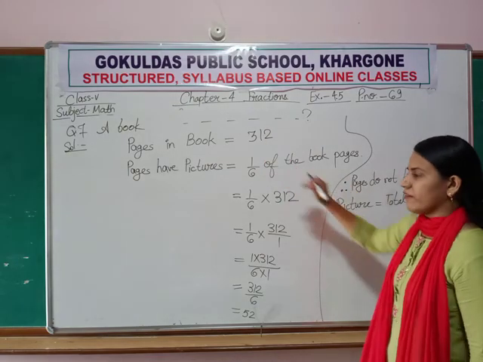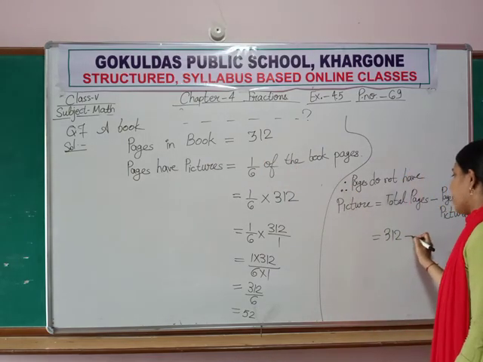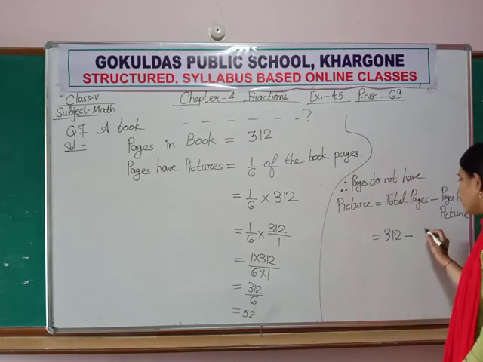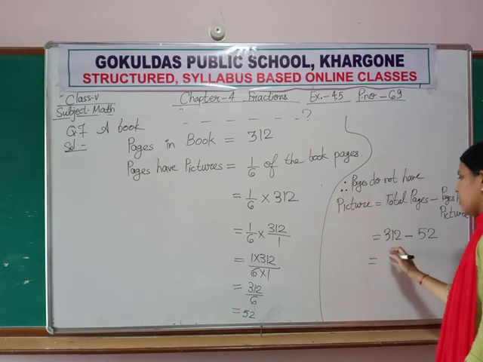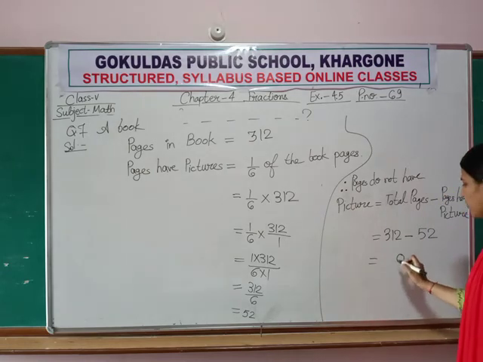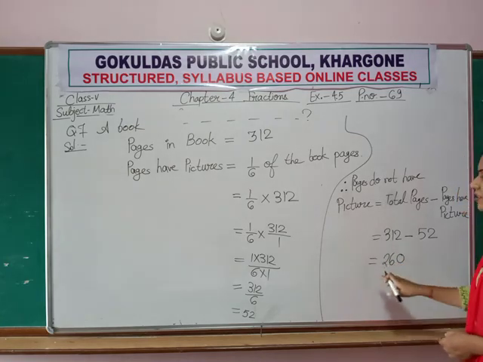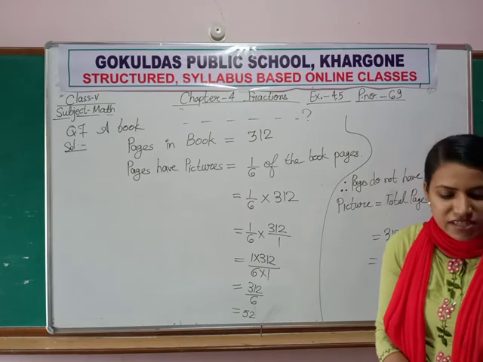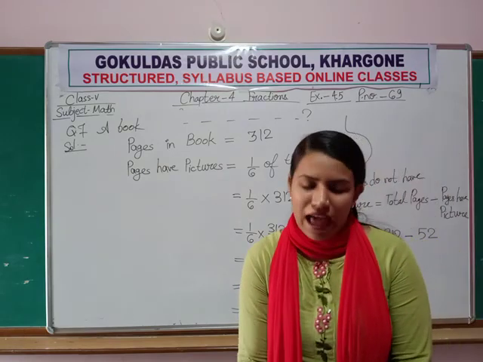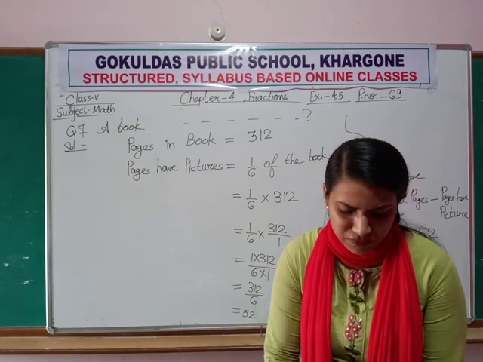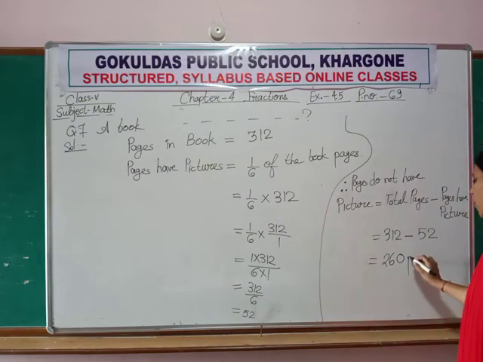Total pages are 312 minus 52. Now subtract both numbers. 2 minus 2 gives us 0. 11 minus 5 gives us 6 and 2 is left. So 260 pages do not have pictures in the book.